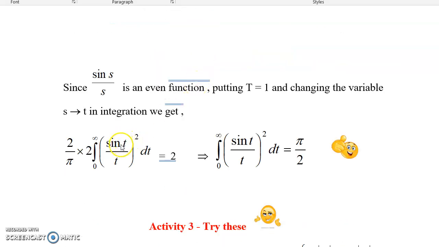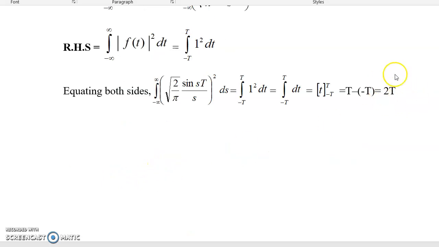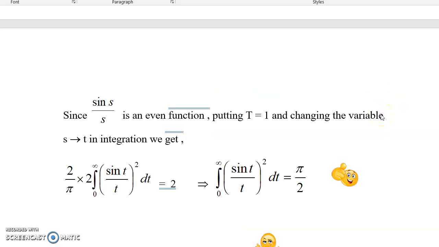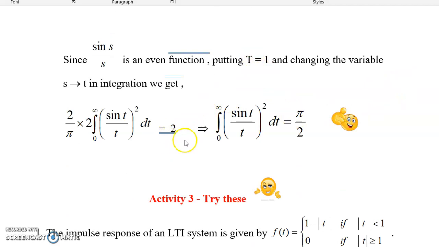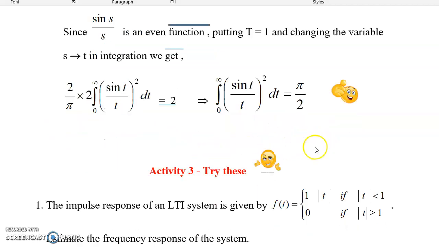So this is (sin t by t) whole square dt. And the right side, what we had was 2T. Of course, since we are putting T as 1, the answer is 2. Now just simplifying, the 2 and 2 will be cancelled on both sides. The answer of this integral is going to be pi by 2. So we have got the second deduction also.